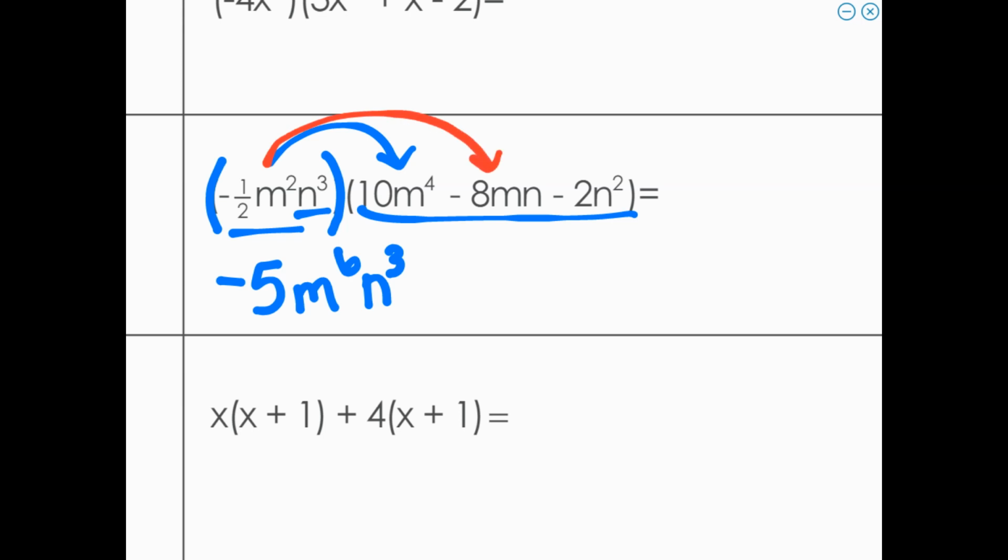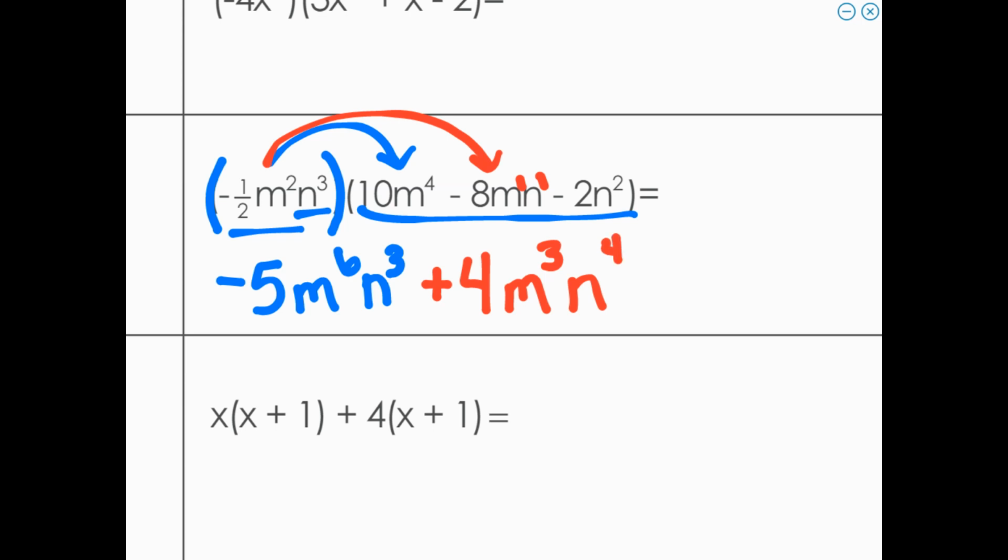Now, negative 1/2 times negative 8. Positive 4. M squared times M, remember these have those 1s on them. So M cubed, and N, and 4.